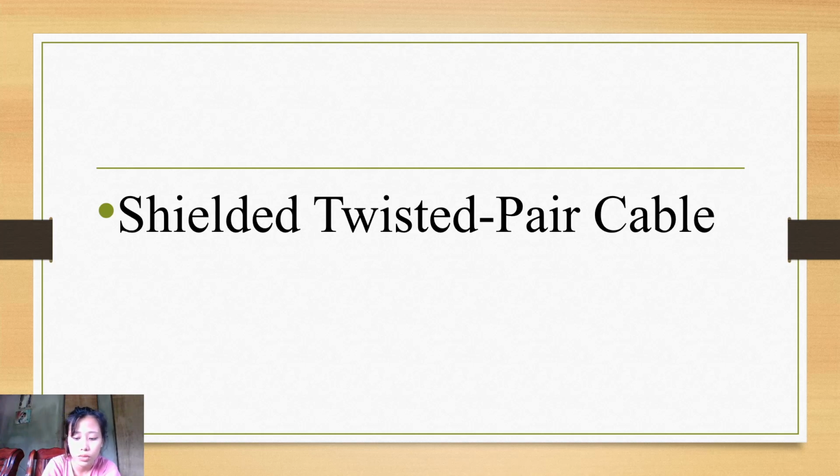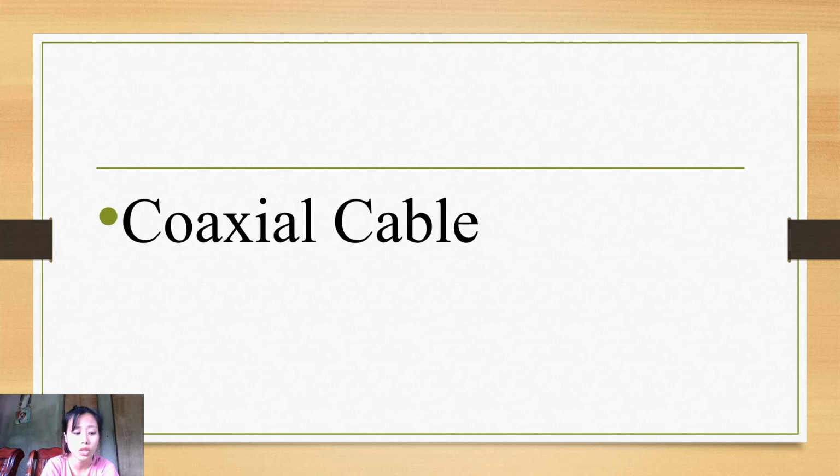For the next one, we have the coaxial cable. The coaxial cable, or coax for short, gets its name from the fact that there are two conductors that share the same axis.